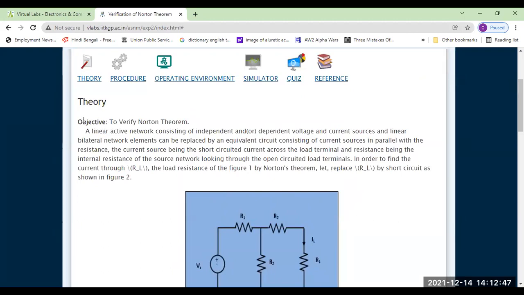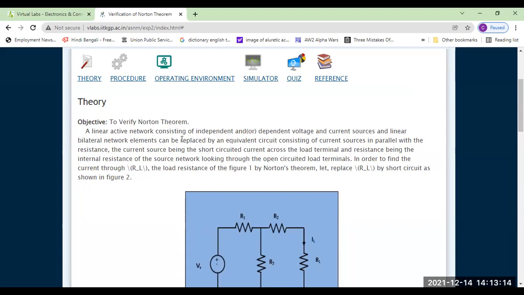Here you can see the statement. The objective is to verify the Norton theorem. A linear active network, just remember this, consisting of independent and or dependent voltage sources and current sources, and a linear bilateral network. These are the conditions.